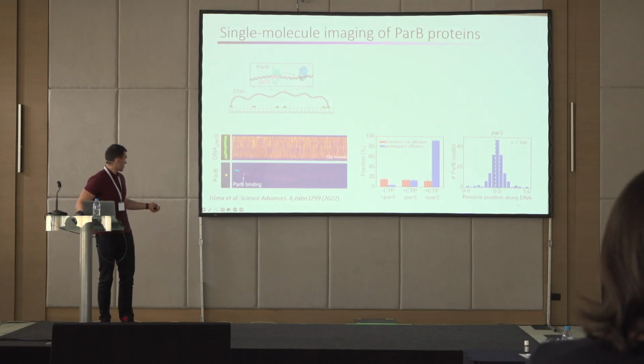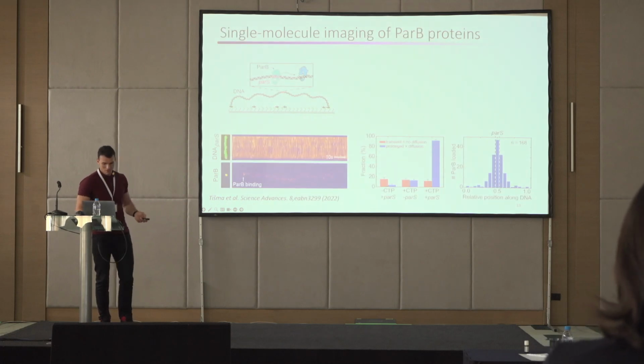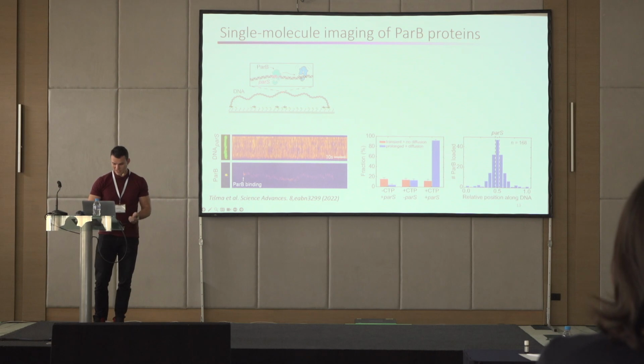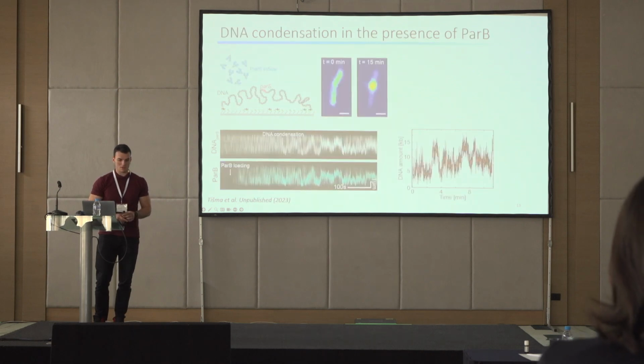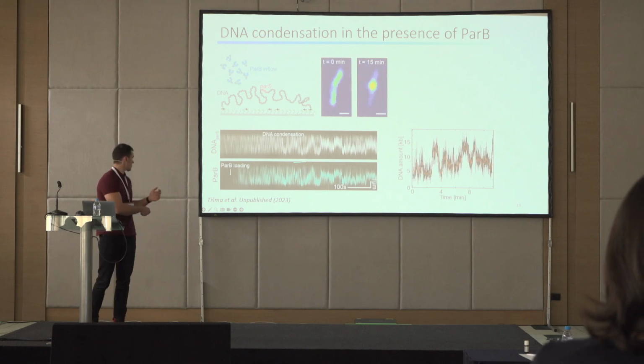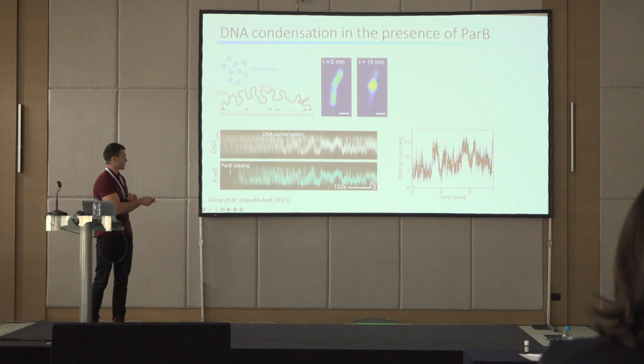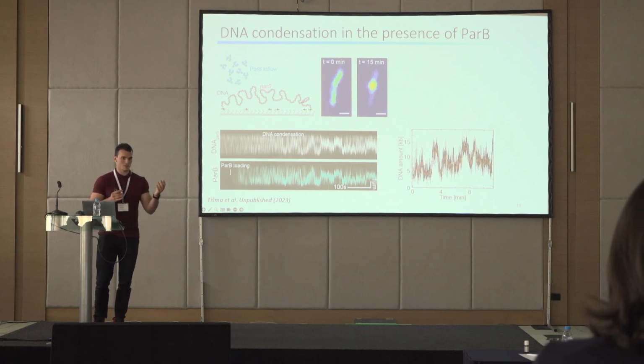Single ParBs we can observe, diffusing around, but as soon as there's like 10 of them, it basically for us looks like just the entire DNA shining up as ParBs, so kind of like here. So we basically see the same signal from the DNA as we see from the ParB because we cannot resolve this. So maybe this is like 3 microns and the resolution is like 300 nanometers with all the fluctuations.